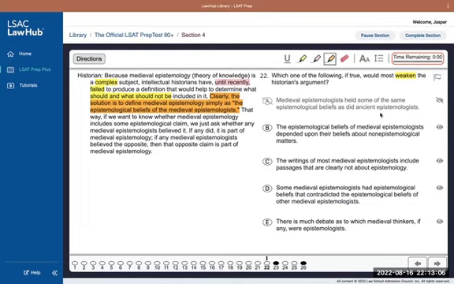Okay. The epistemological beliefs of medieval epistemologists depended upon their beliefs about non-epistemological matters. So this one, like a dependence relationship, is definitely interesting.